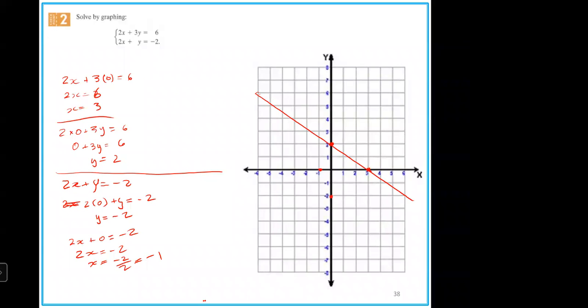Let's see now. Doing those two carefully. Let's see if we can find the point of intersection. My thing's a bit off, but it seems like it should be right here.